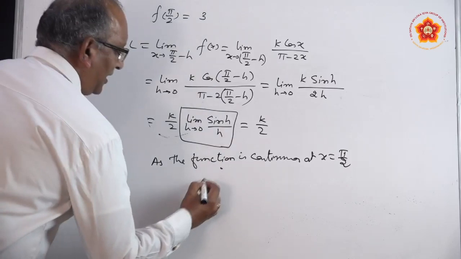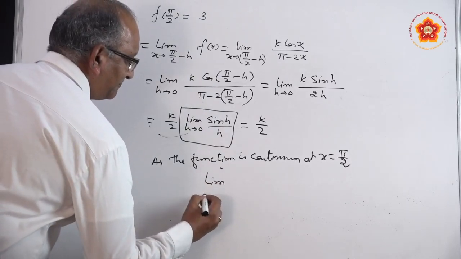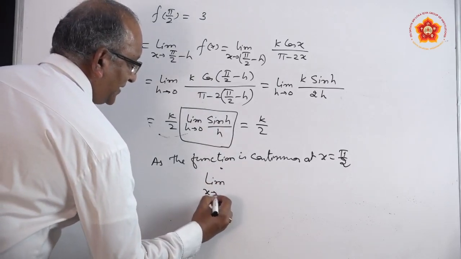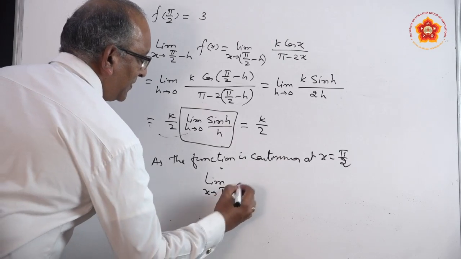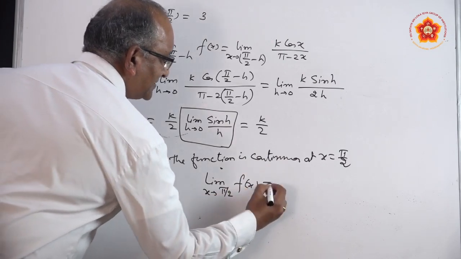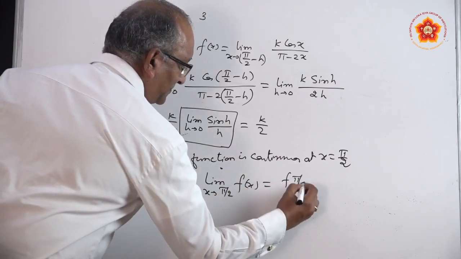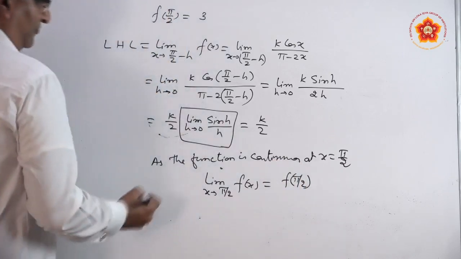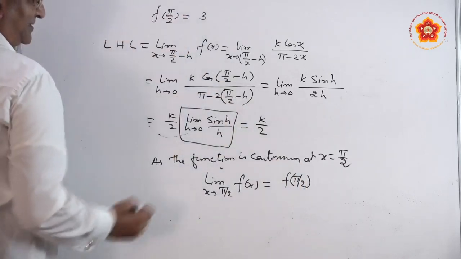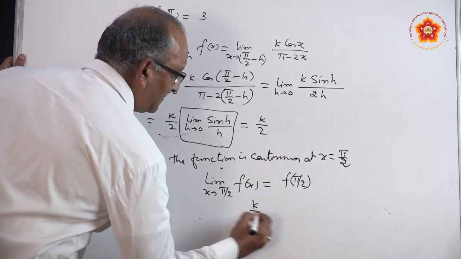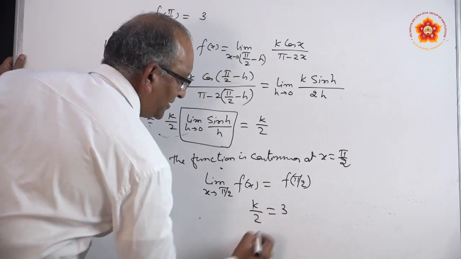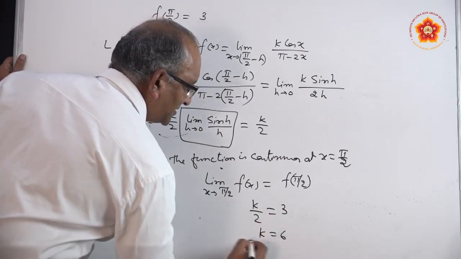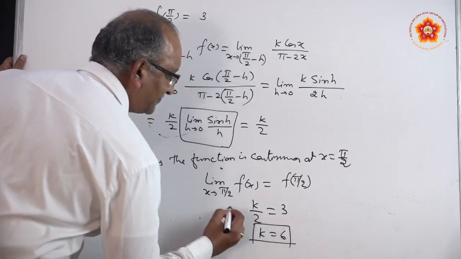According to the formula, limit x tending to pi by 2 of f(x) is equal to f of pi by 2. We got this as k by 2 and that is 3. So, k by 2 equal to 3, k is equal to 6, this is the answer.